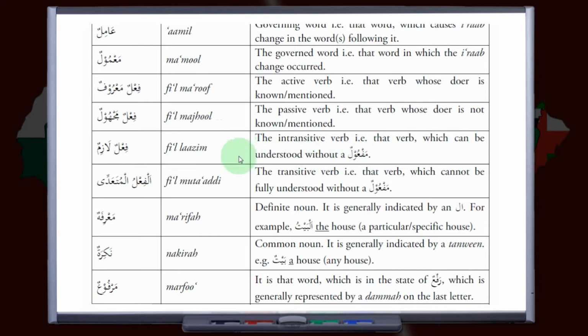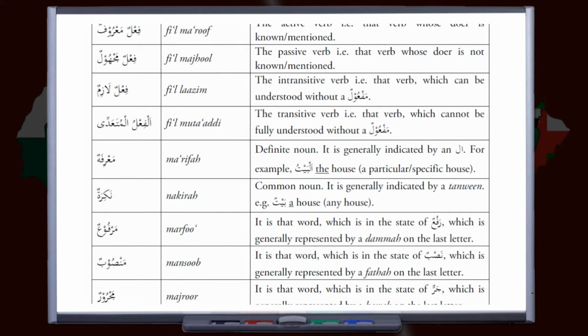As opposed to a fi'l muta'addi, which is, for example, kasra, he broke. You have to put something after it. He broke something. He didn't just break and then there's nothing. I mean, he can break, but that would be an odd metaphorical usage of the measure 7.